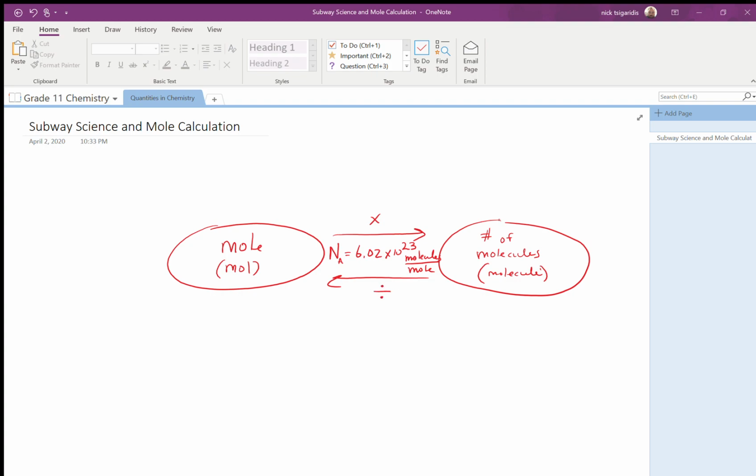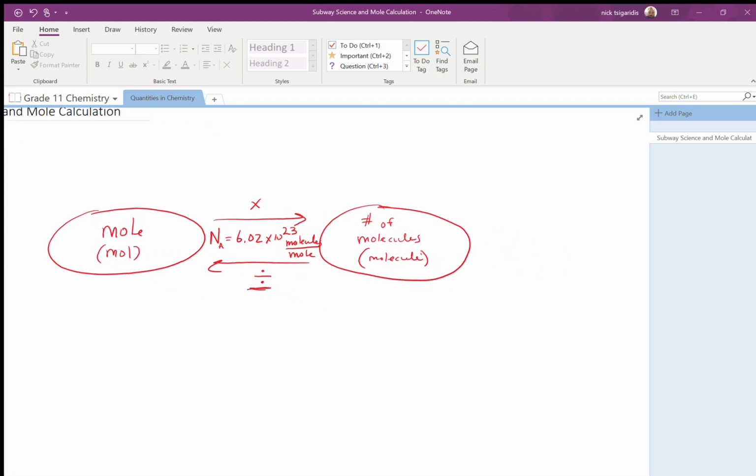So you can imagine if you are a person standing in the molecule station of this subway system and you want to go to the moles, you're going to take the number of molecules, divide by Avogadro's number, and then you're going to determine the number of moles there. Of course, if I wanted to go further, I could always go to number of atoms as well.